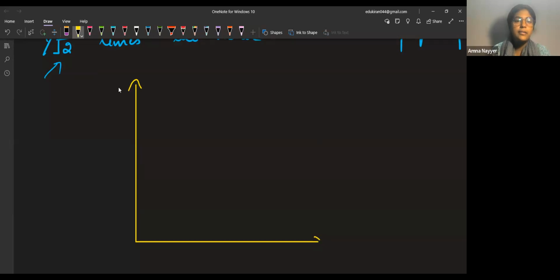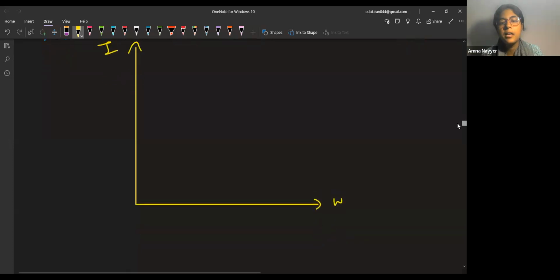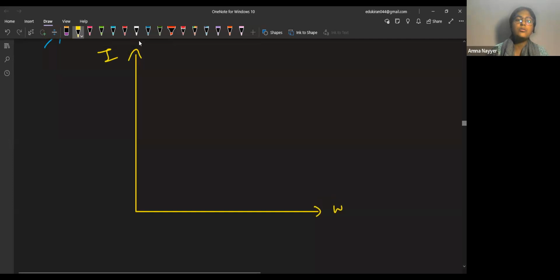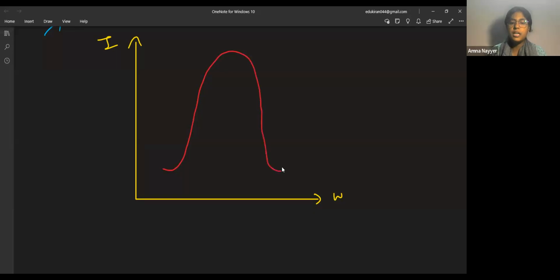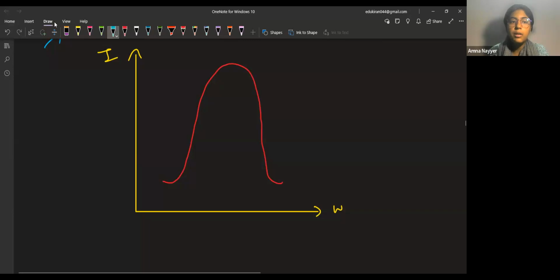This is I, this is omega, I versus omega. Now see, class. Suppose a standardized portion of the graph I have taken. Now, what are all the points that are available on this graph?